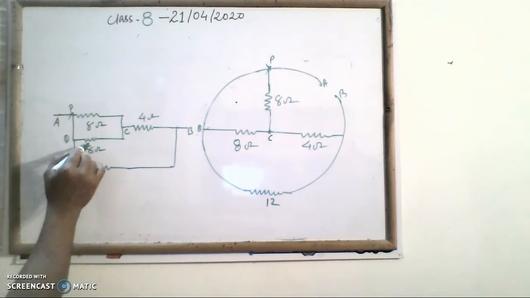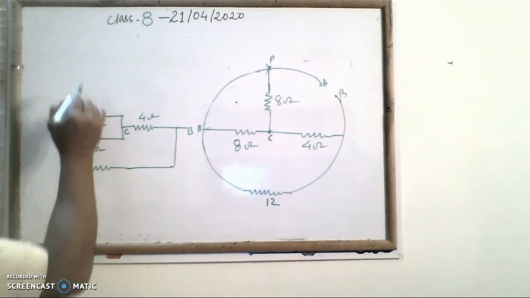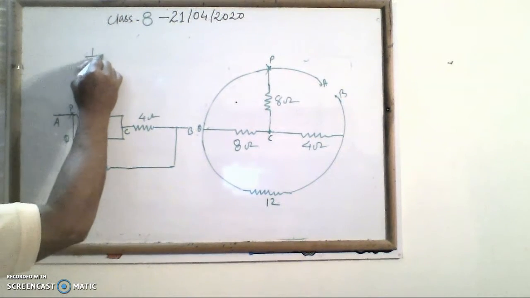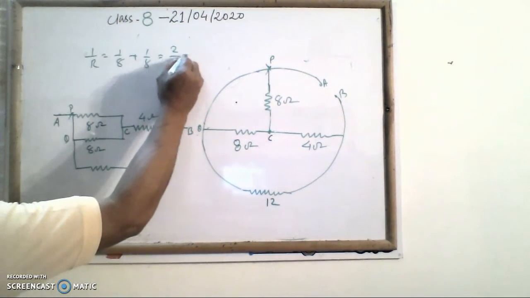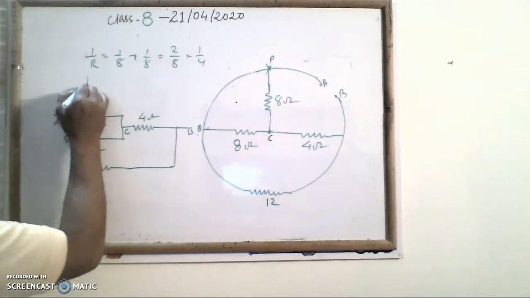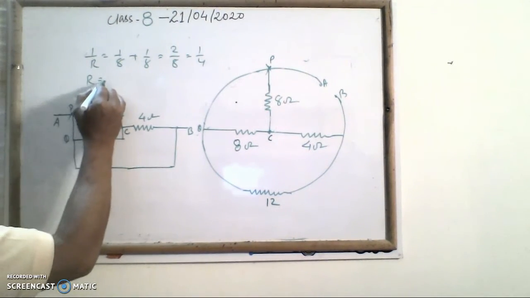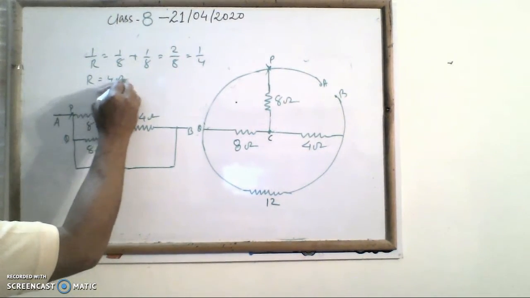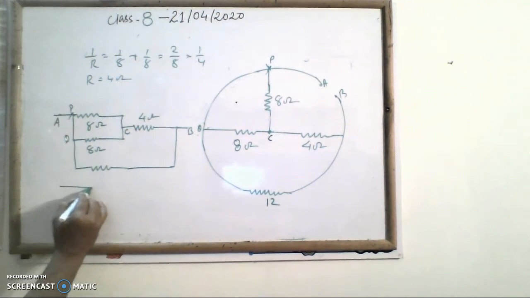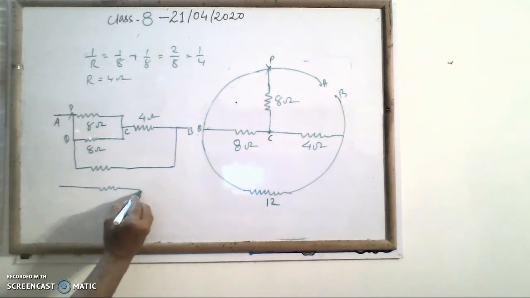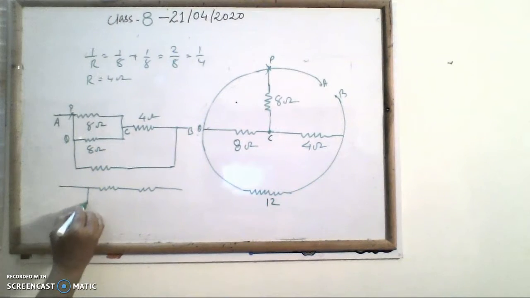So what will be the equivalent resistance of 8 and 8? 1 by R is equal to 1 by 8 plus 1 by 8, is equal to 2 by 8, is equal to 1 by 4. So R is equal to 4 ohm. This 4 ohm and 4 ohm, again modified, this is 12 ohm.